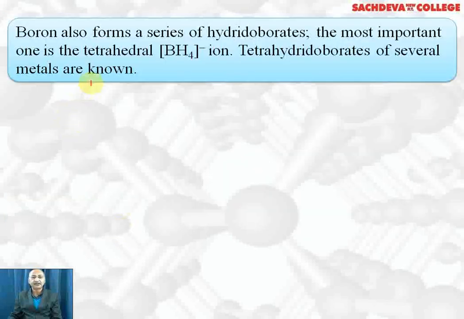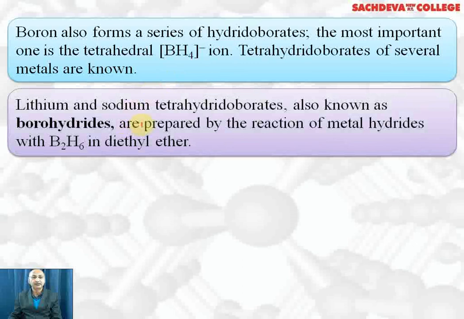Boron forms a series of borohydrides or hydridoborates. The most important one is the tetrahedral BH4 minus ion. Tetrahydridoborates of several metals are known. Lithium and sodium tetrahydridoborates are also known as borohydrides.